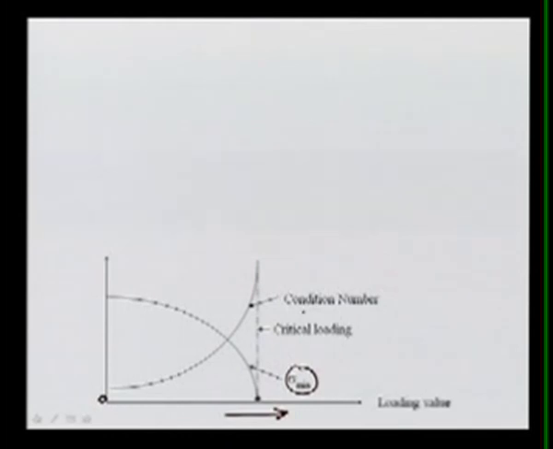Either you can use the condition number or the minimum singular value, and you can see how far you are from your critical loading, what your value of lambda min is, and say you are at this margin. Similarly, from the condition number you can say how far you are from your critical loading. This gives your margin, which is the static voltage stability margin, that is, how far from the notch point you are operating your system.